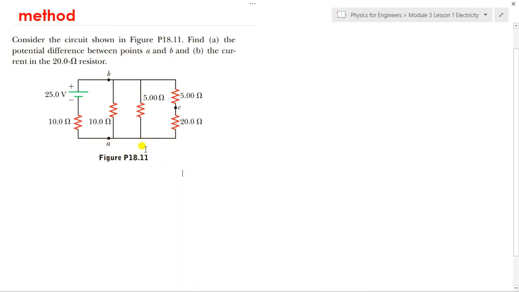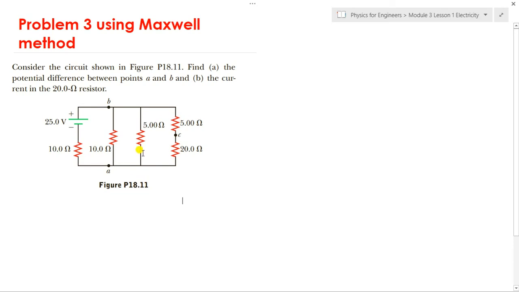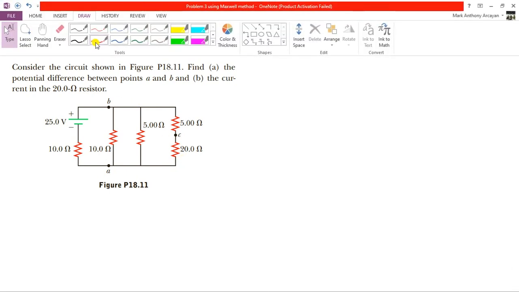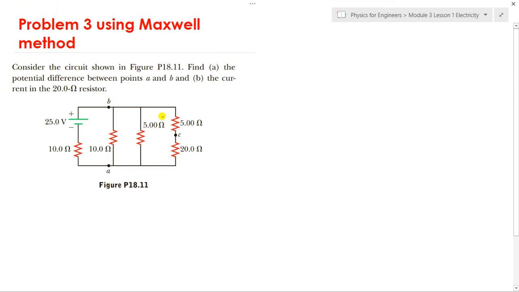In this example, we're going to use the Maxwell method. My first method that I introduced to you was using Kirchhoff's law. Here we're going to use the Maxwell method.